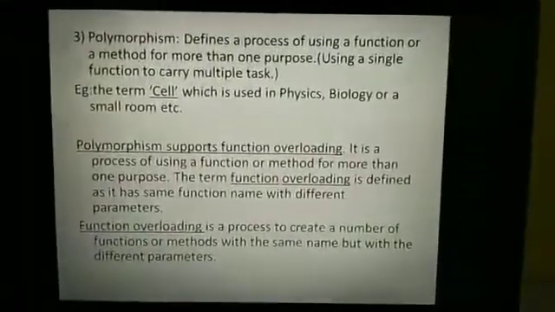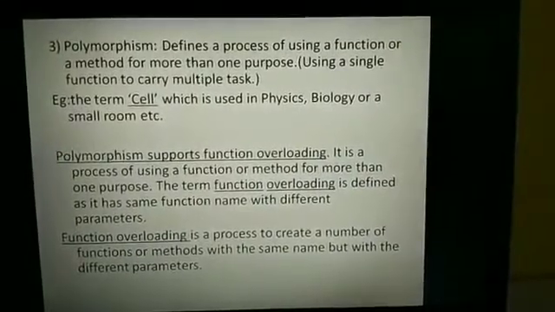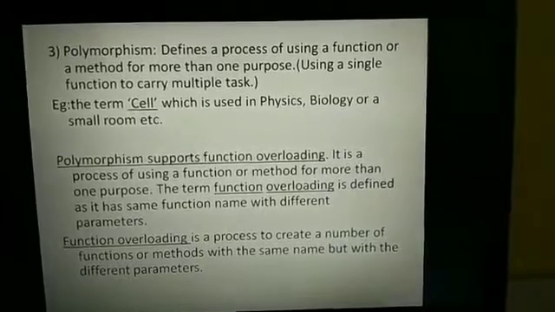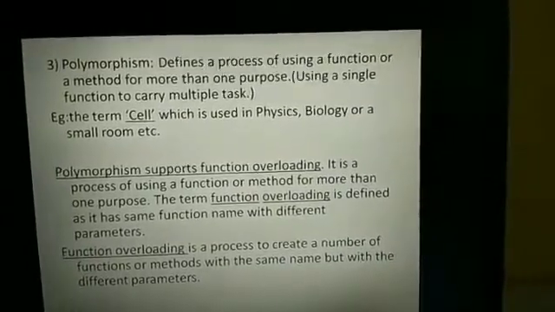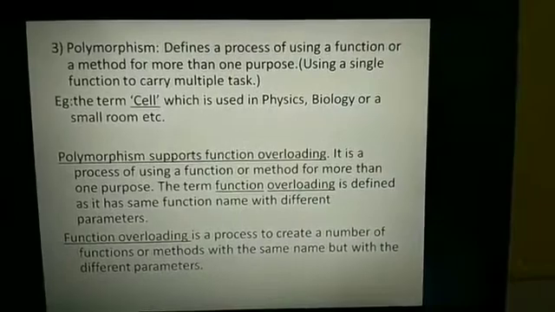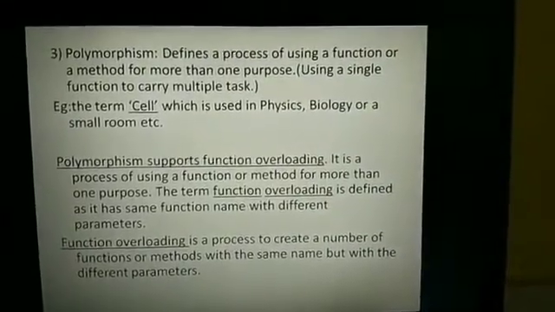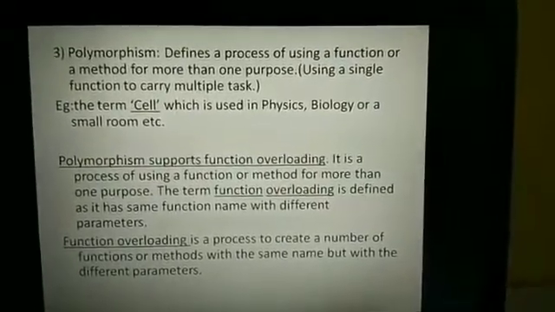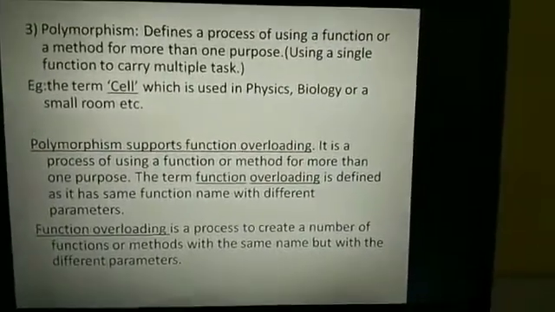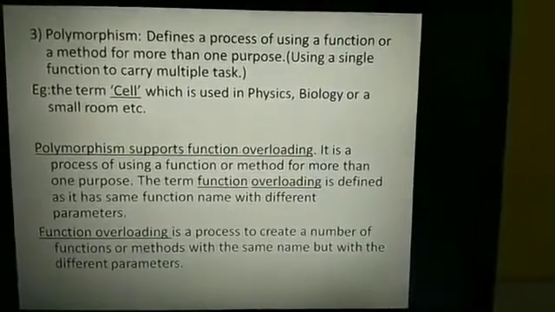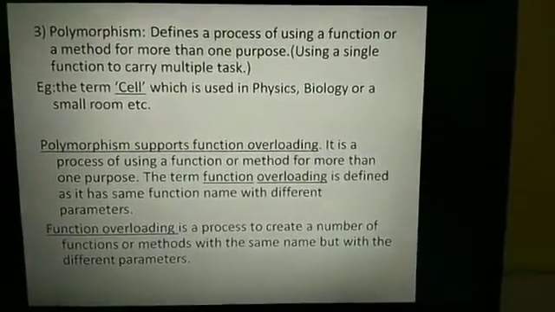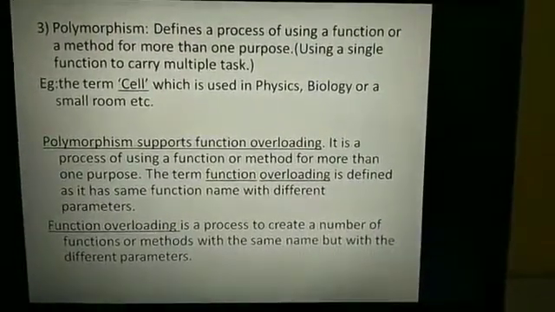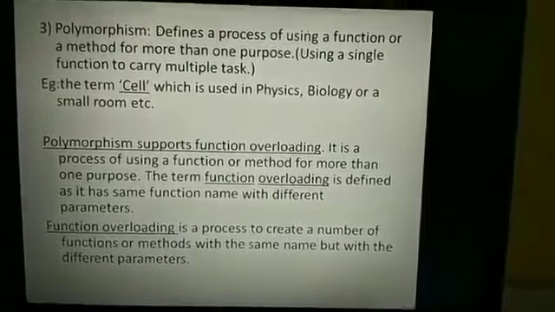Now, polymorphism. Polymorphism defines a process of using a function or a method for more than one purpose. In simpler words, you can say using a single function to carry out multiple tasks. For example, take the term cell, C-E-L-L.